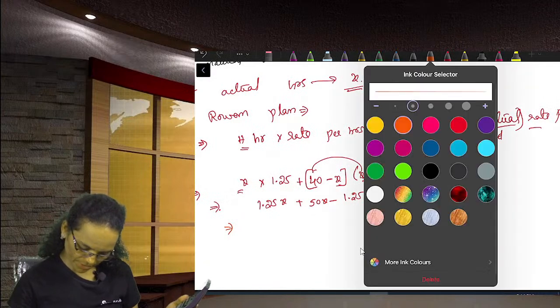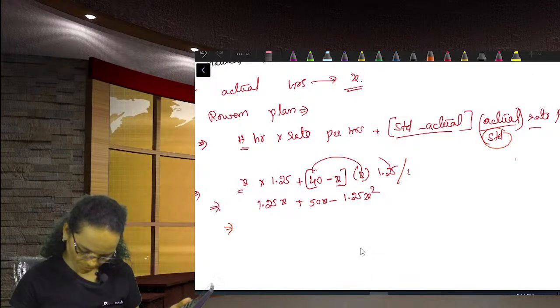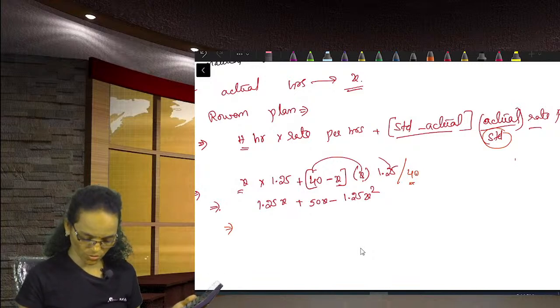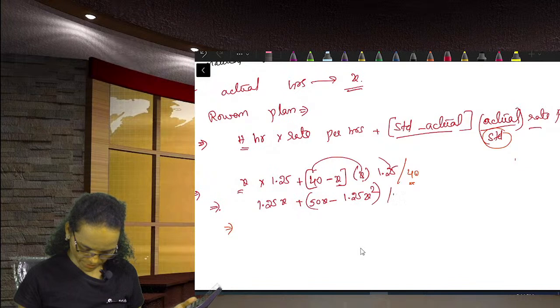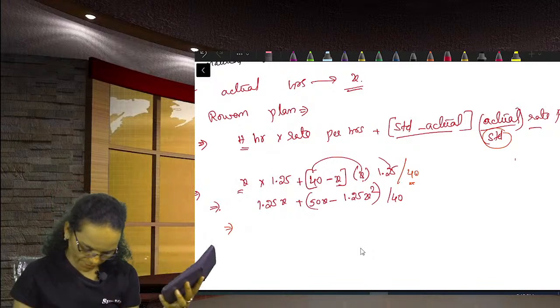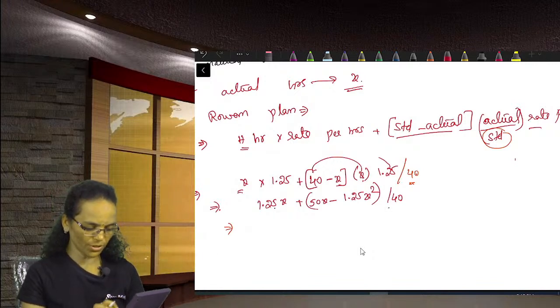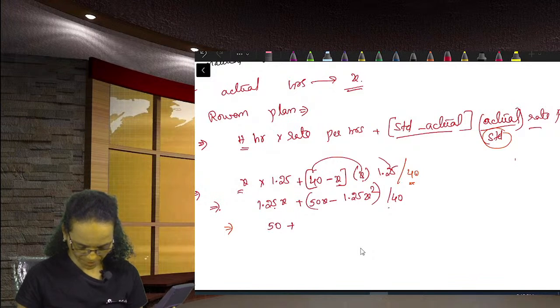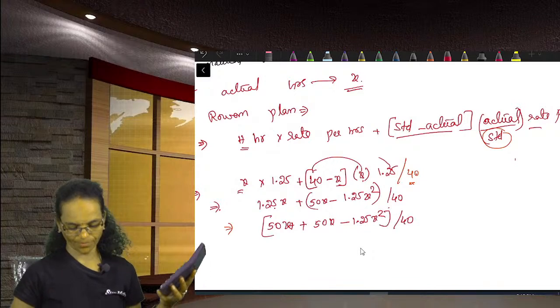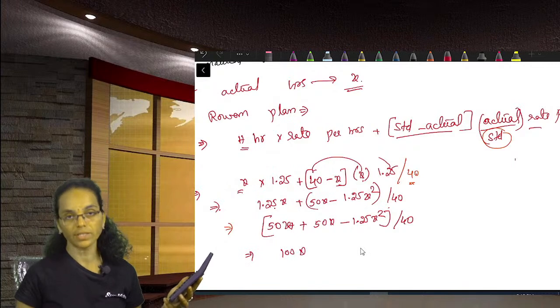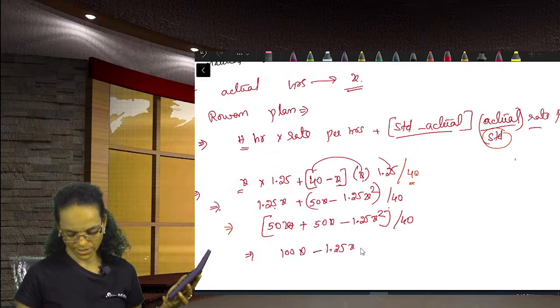We forgot the standard one, divided by 40 hours, standard hours. So 40 into 1.25 is 50, plus 50x, minus 1.25x square, whole divided by 40. That is nothing but 100x minus 1.25x square. This is the wage rate.